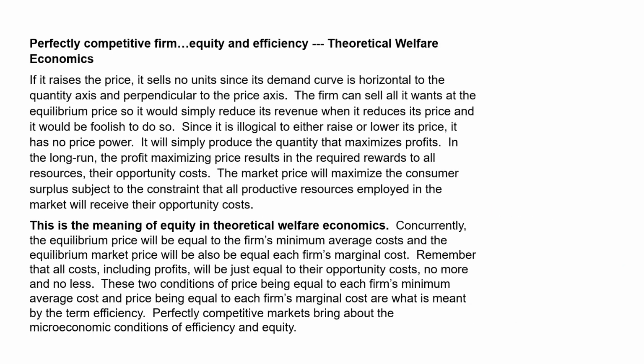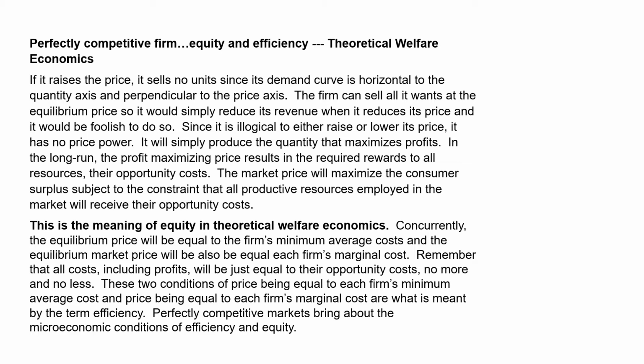So here we are again: perfectly competitive firms, equity and efficiency, theoretical welfare economics. I've mentioned this term before, but we'll go over it again. If a firm raises its price, it sells no units, since the demand curve is horizontal to the quantity axis and perpendicular to the price axis.